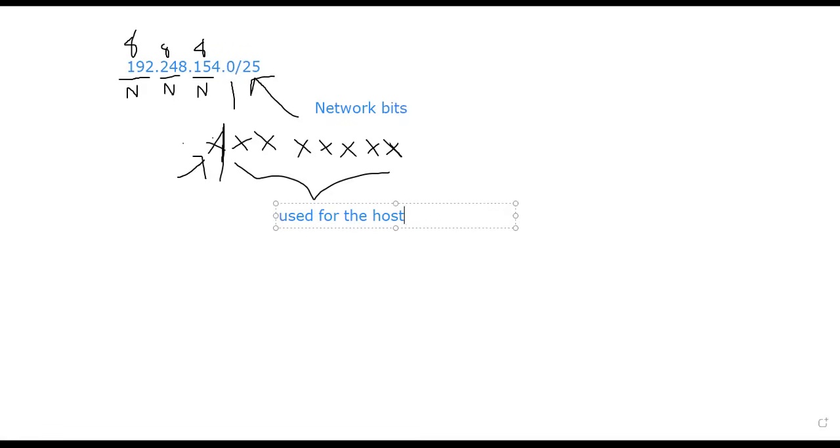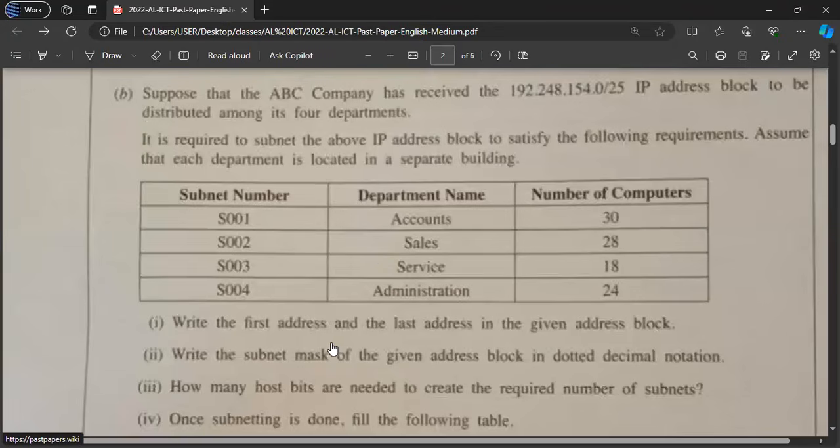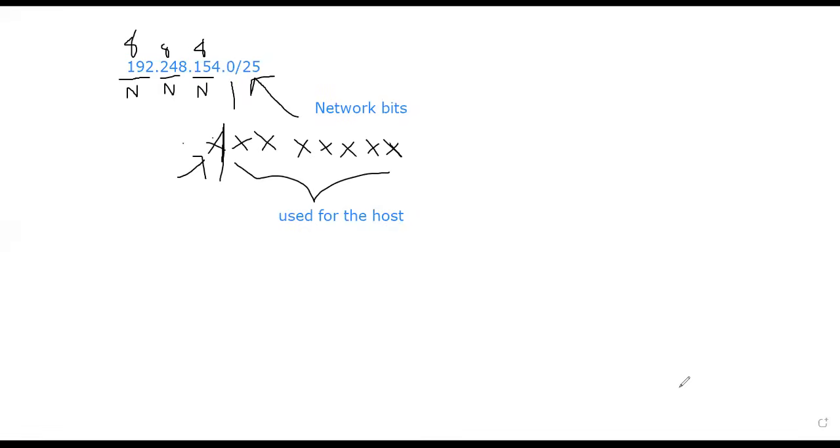So the question is, what is the question again? Let us come to the question. What is the first address and the last address in the given address block, right? Okay, let us do that. Right now there are 7 bits used for the host.